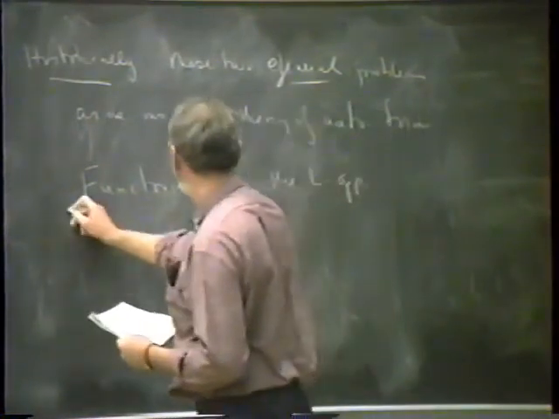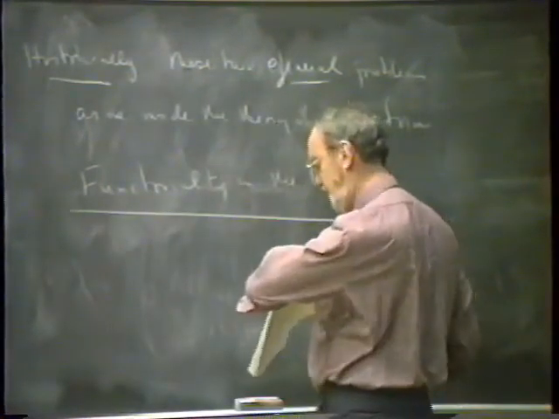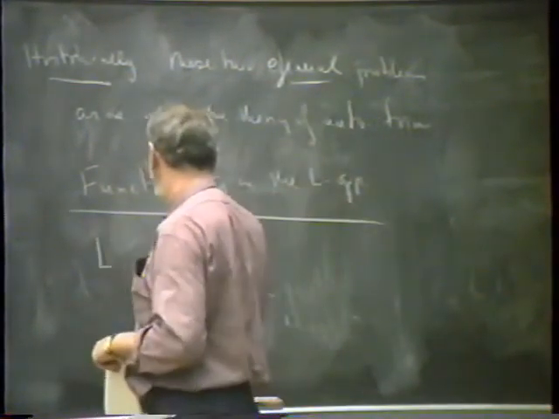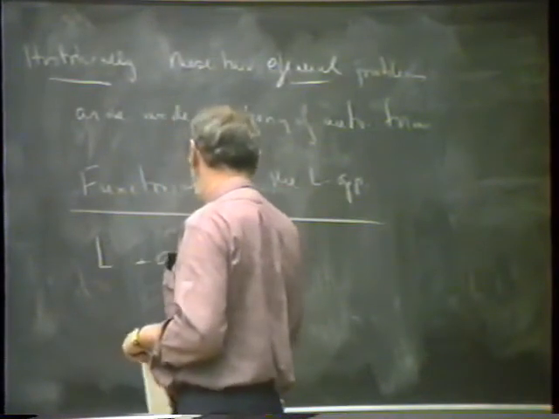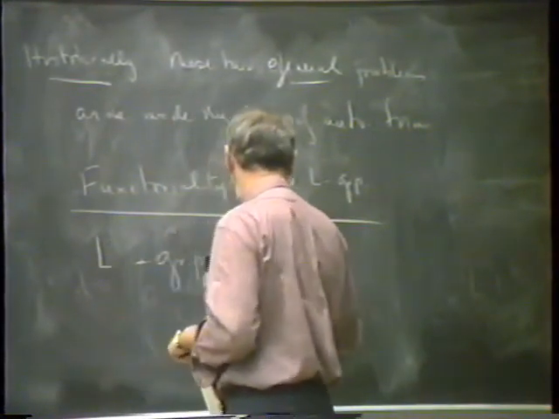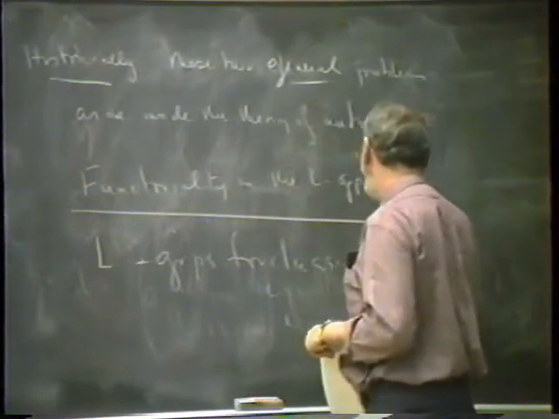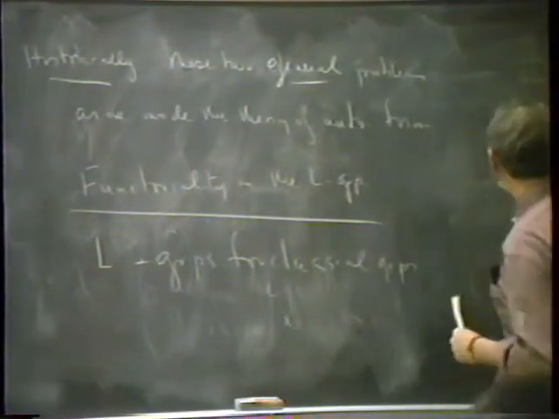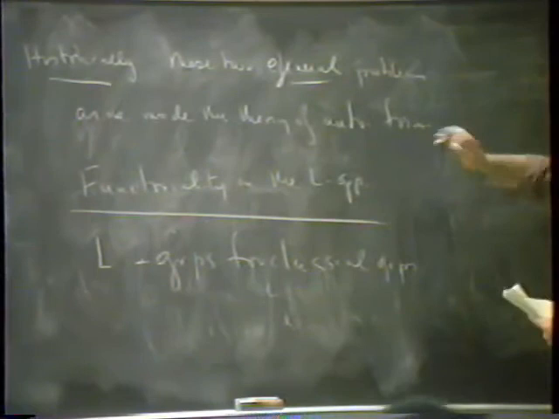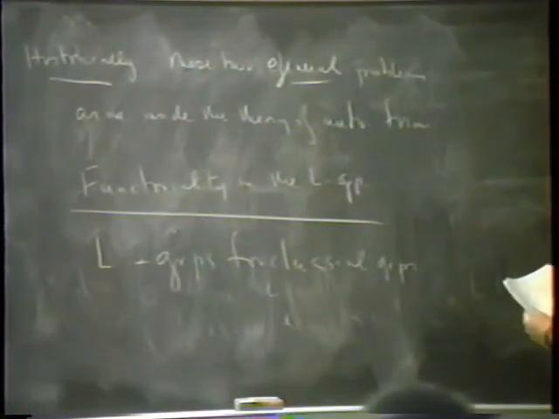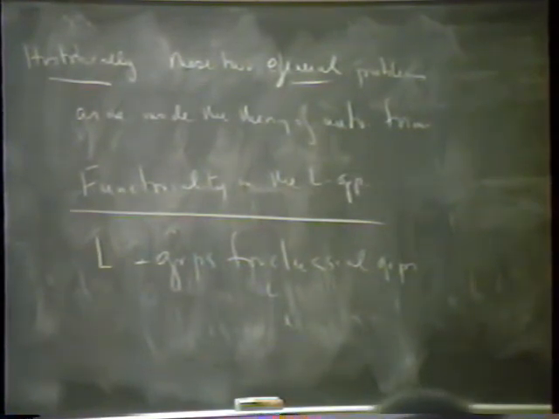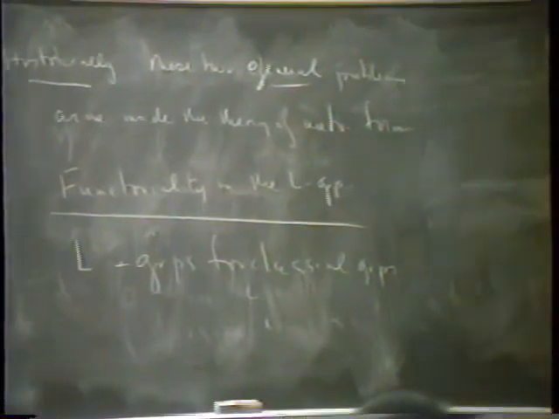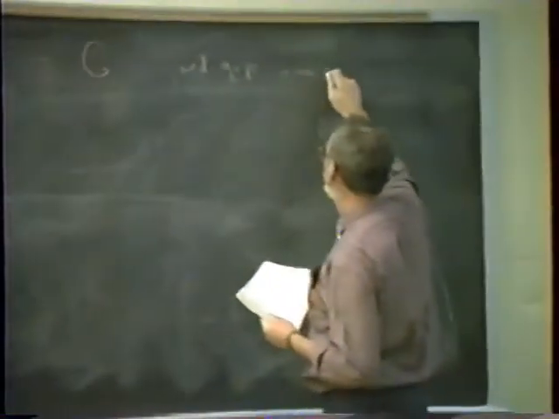So let me give you some examples of L groups for classical groups. Let me tell you what I mean. In other words, I'm going to move away from GLn and consider an arbitrary reductive group over a number field.